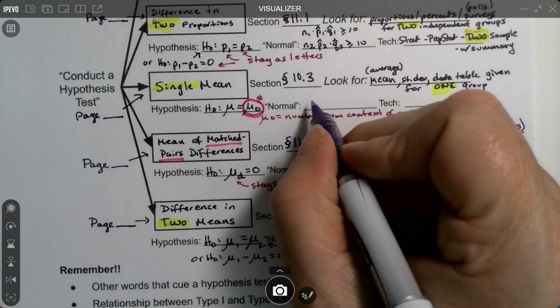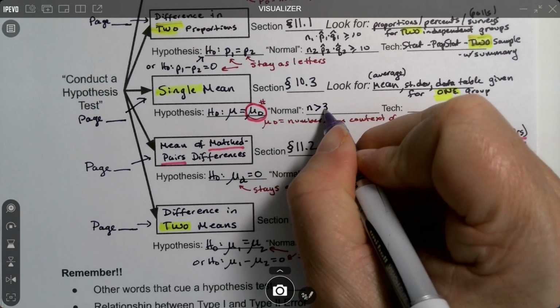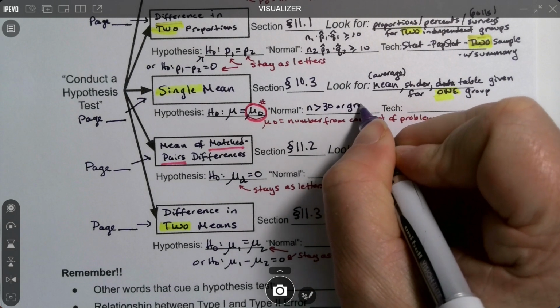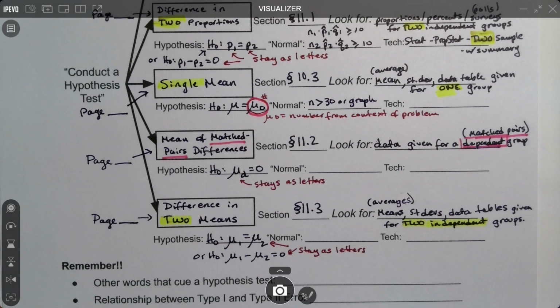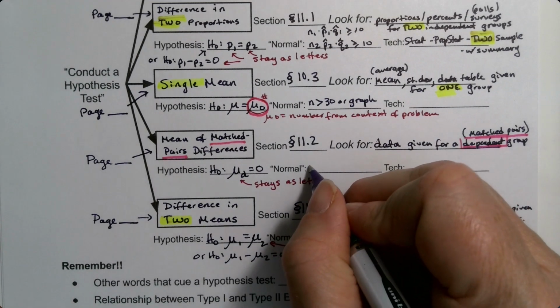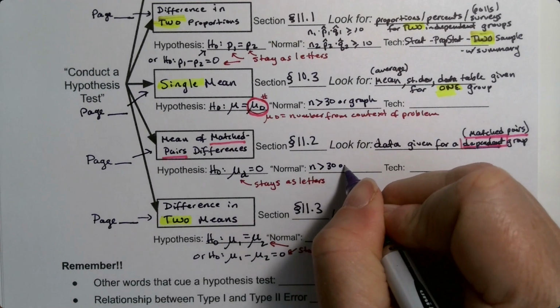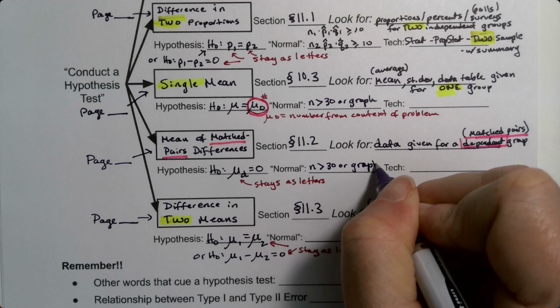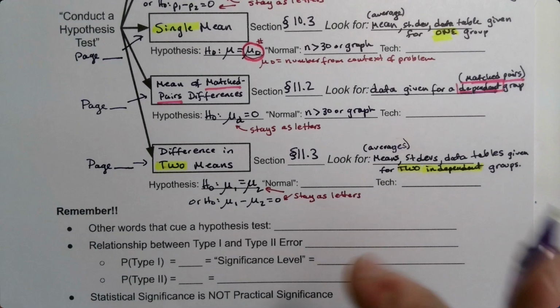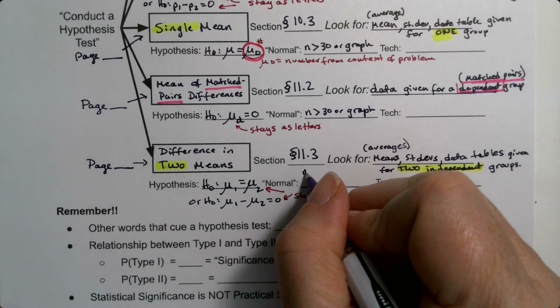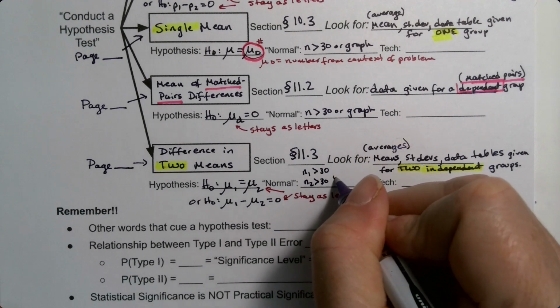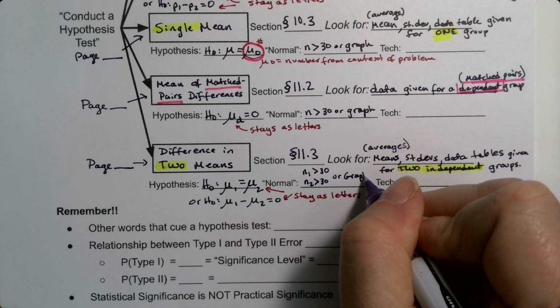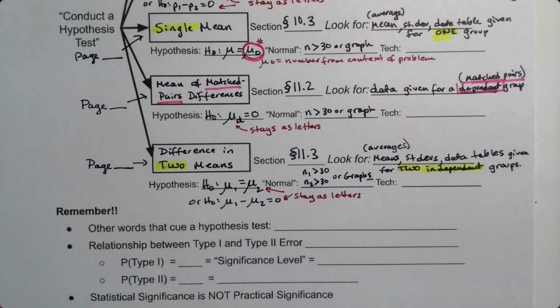So I'll write those in. So this is n greater than 30 or graph for section 10.3. And then it's n greater than 30 or graph for section 11.2. But down here you have to do n1 greater than 30, n2 greater than 30, or graphs, plural, because there has to be more than one, because there are two separate groups here.